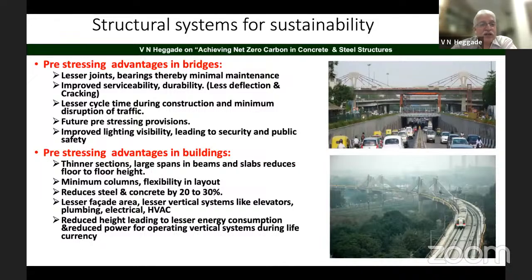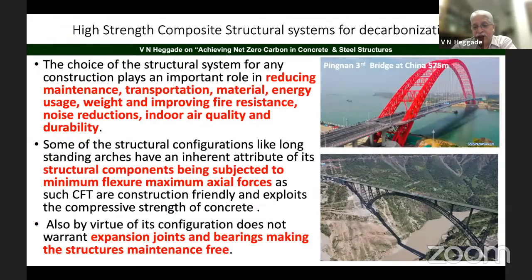Pre-stressing also gives a lot of advantages in bridges, and new materials like high performance concrete, with strength of even 120 to 150 MPa, and high tensile steel with strength of even 780 MPa, can be used as a composite material in the case of bridges, as you can see here.